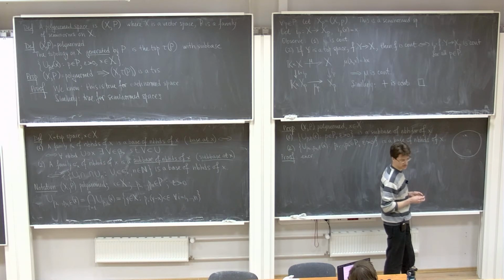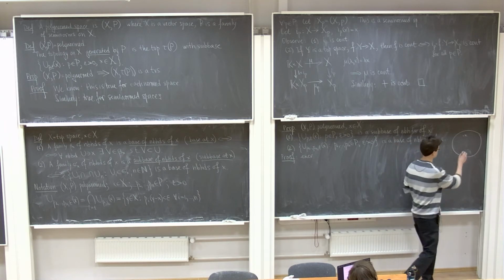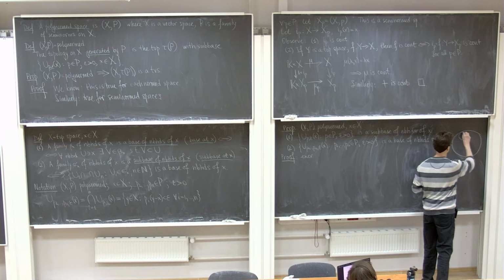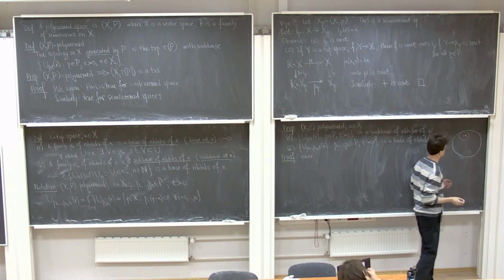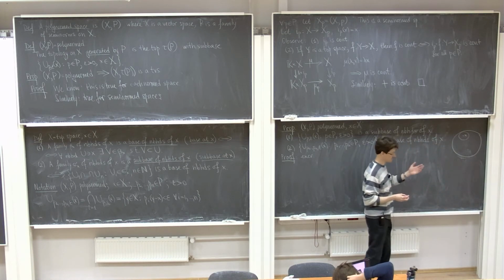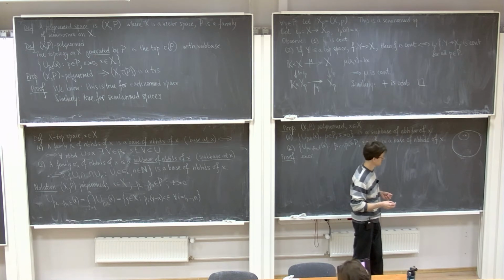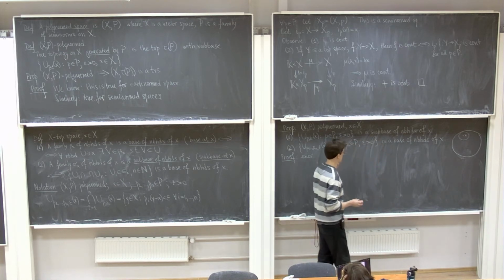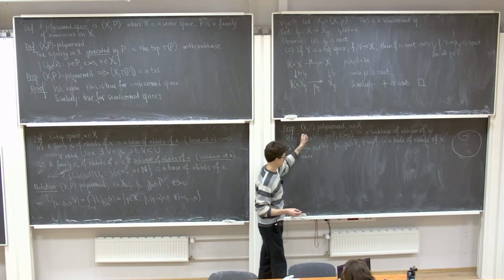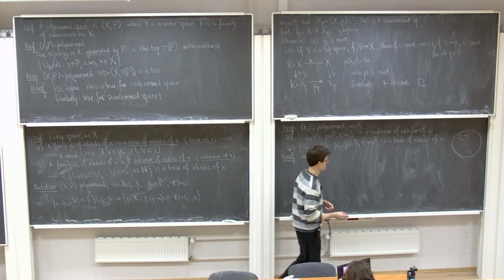Nevertheless, the triangle inequality easily shows that we can always find a smaller open ball, which is contained in the bigger one, and for which x is the center. And this picture shows that to get a subbase of neighborhoods, it's enough to consider only those open balls for which x is the center. That's the idea.